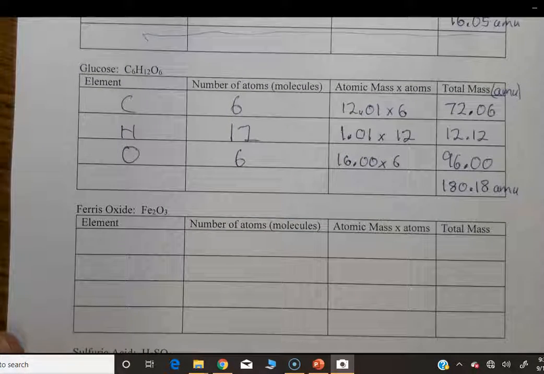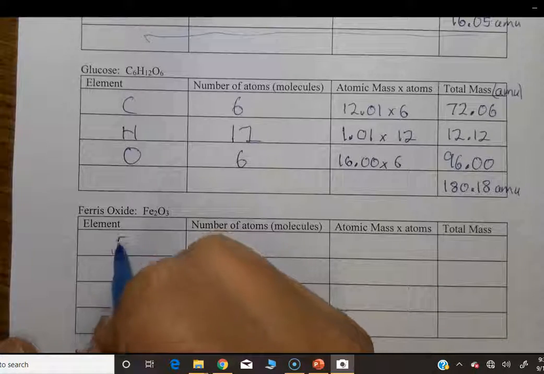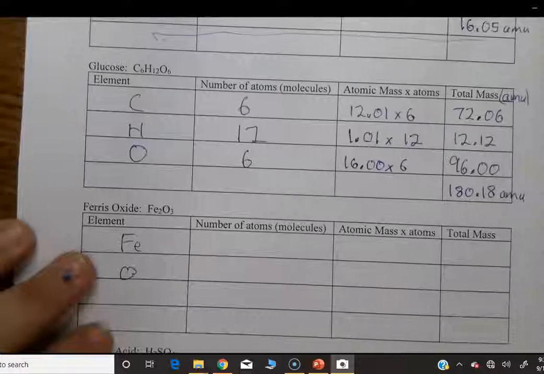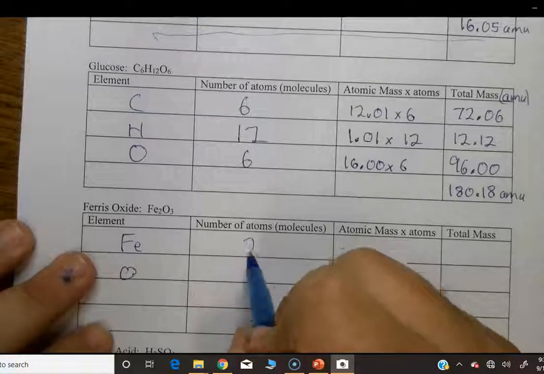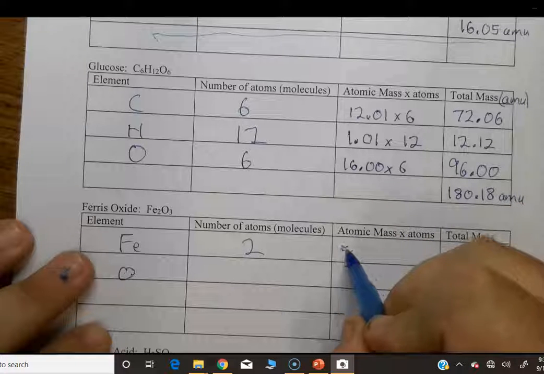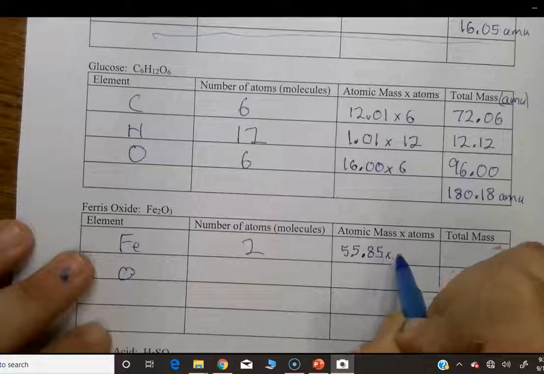Next up, ferrous oxide. Okay, so we've got Fe and O. And we have 2 iron atoms. Okay, so there's 2 of these. Each iron atom is 55.85 times 2.